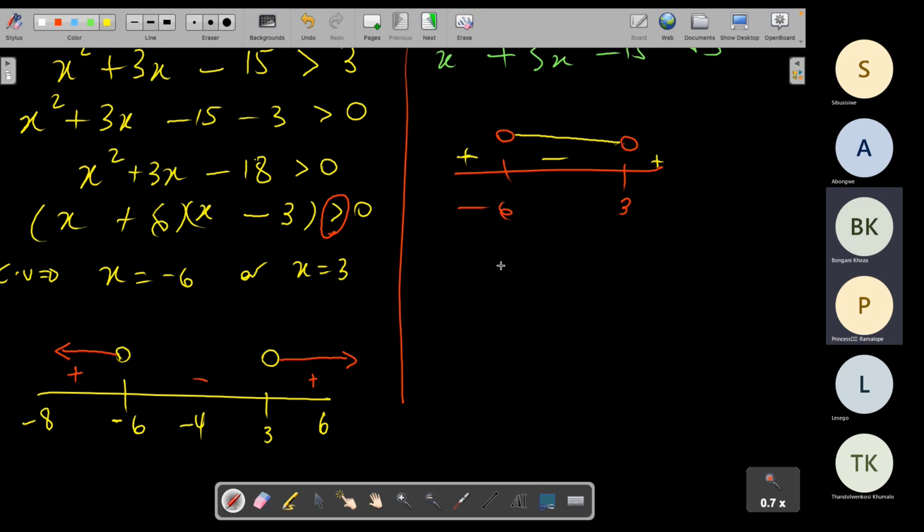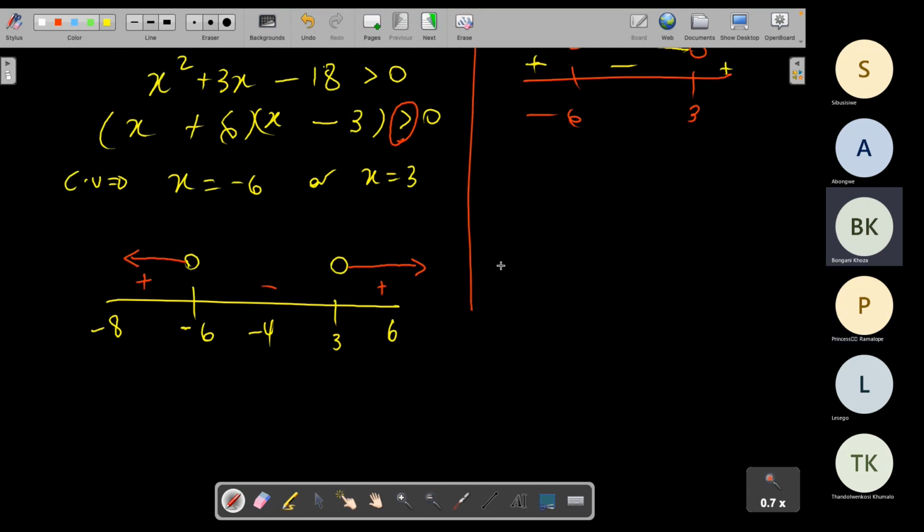So for the one in a split, the answer will be x is less than -6 or x is greater than 3. That is a split again.